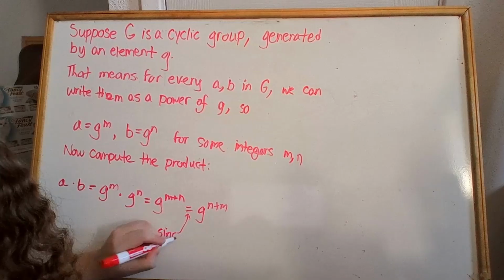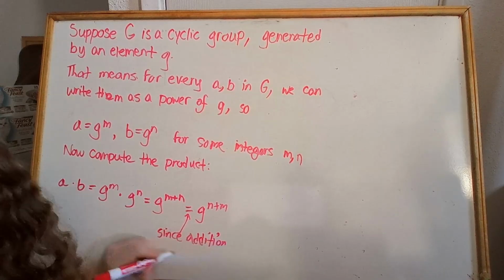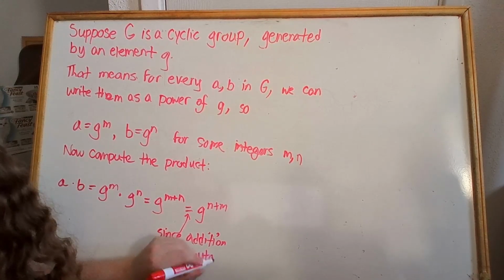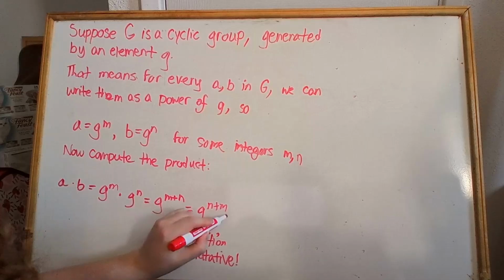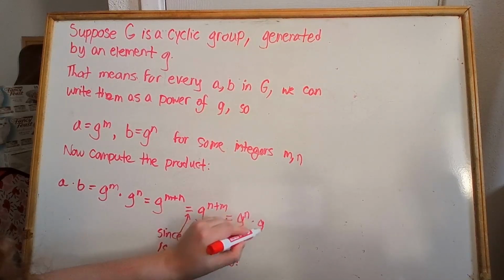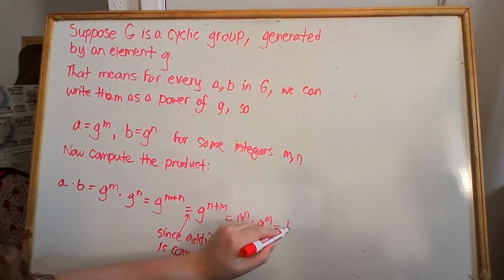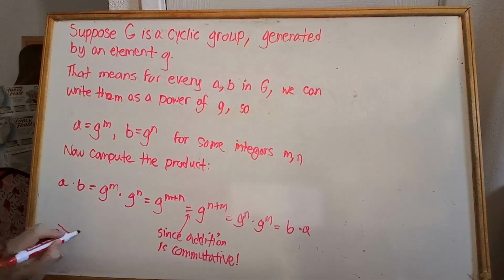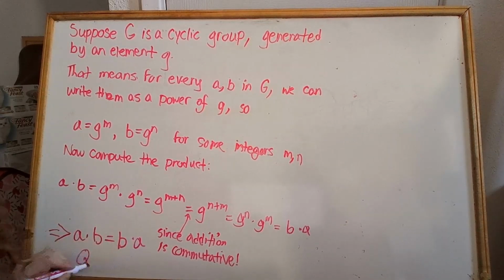And addition is commutative, so m plus n equals n plus m. And so we have g to the m plus n equals g to the n plus m, so A times B equals B times A. So all elements commute, and the group is abelian.